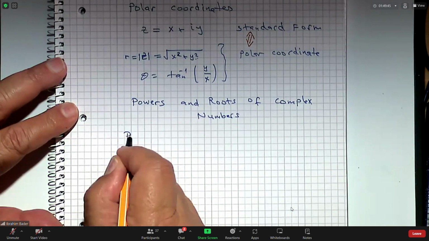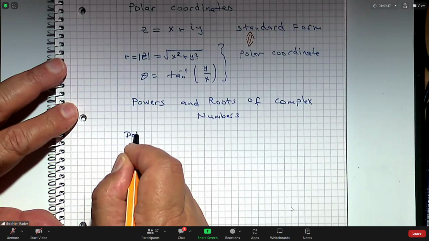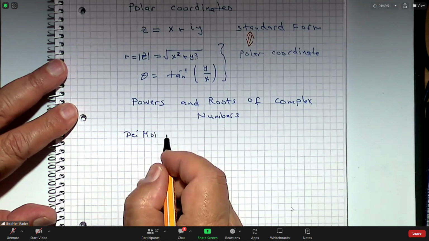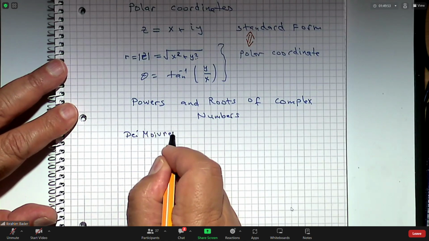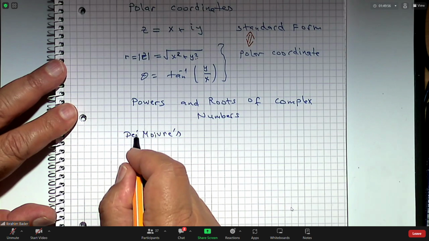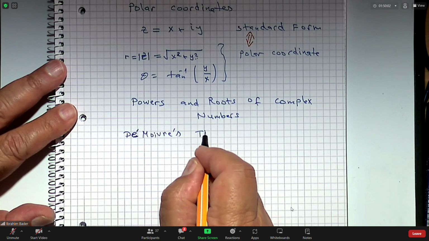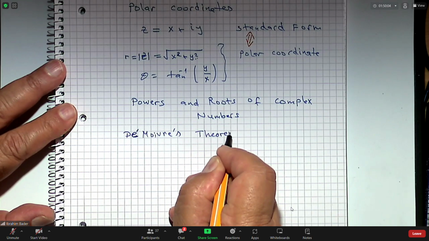Okay, now we have a very powerful rule, De Moivre's rule or theorem.